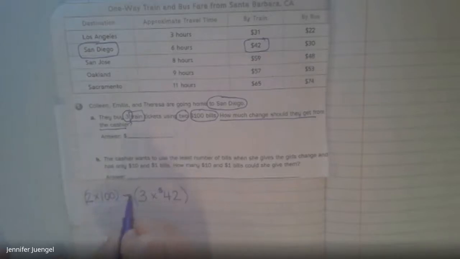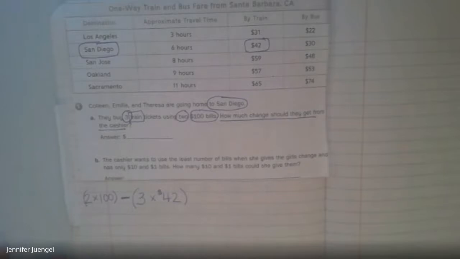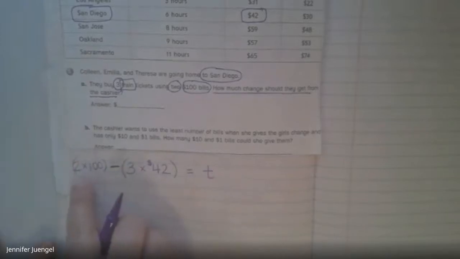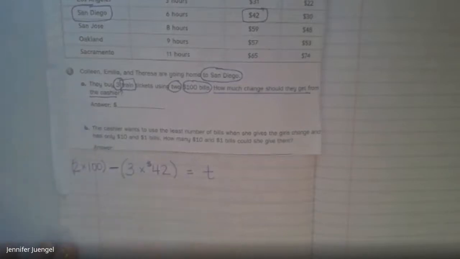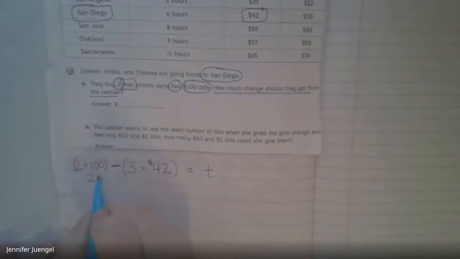And we know that there is a subtraction because there's going to be some change. And then when we do these problems, we'll find out how much money the tickets cost. So we'll say the unknown is T. So let's get started. First, we know that 2 times $100 bills, that means that the girls paid $200.